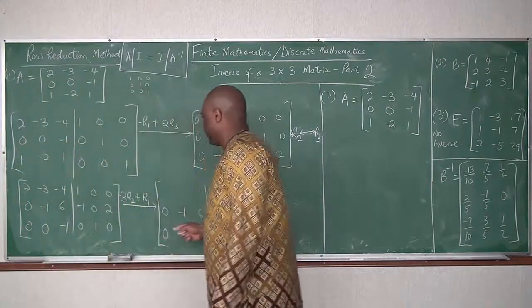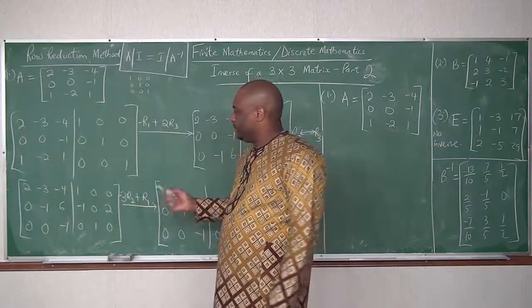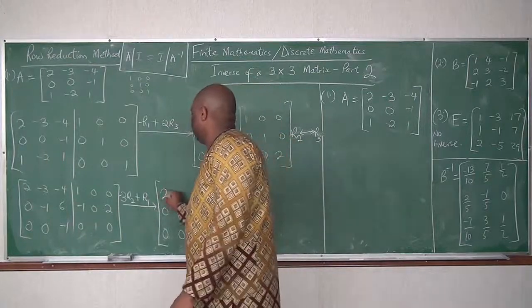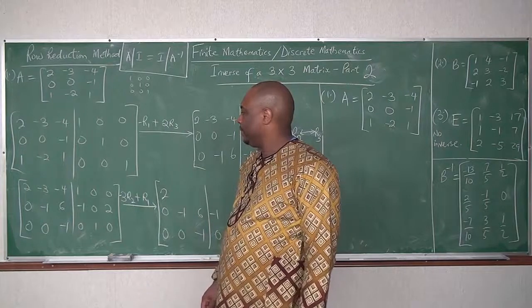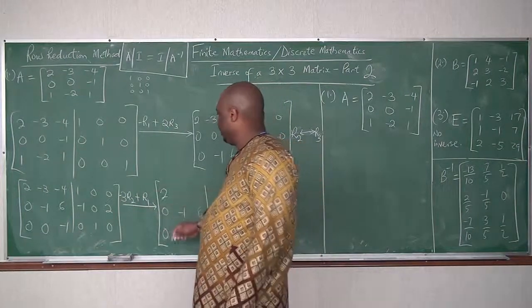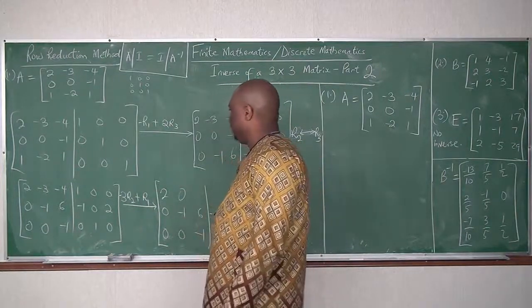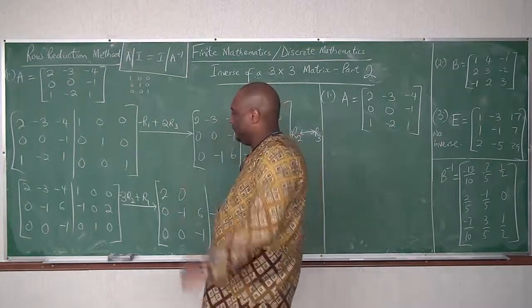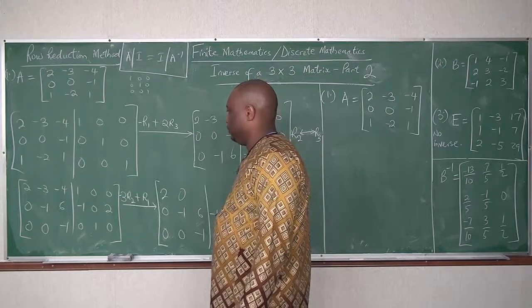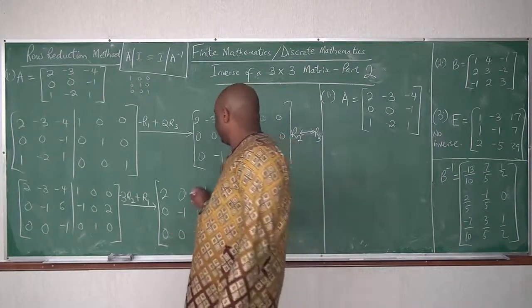Row 1 changes. Negative 3 times 0, 0 plus 2 is 2. Negative 3 times negative 1 is 3, minus 3 is 0. Negative 3 times 6 is negative 18. Negative 18 minus 4 is negative 22.